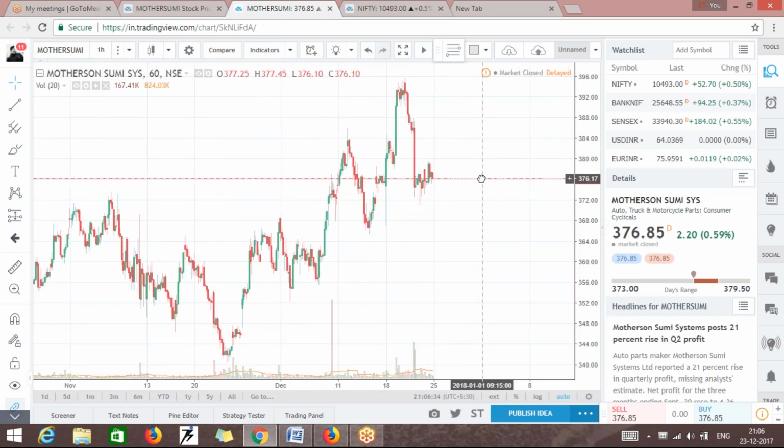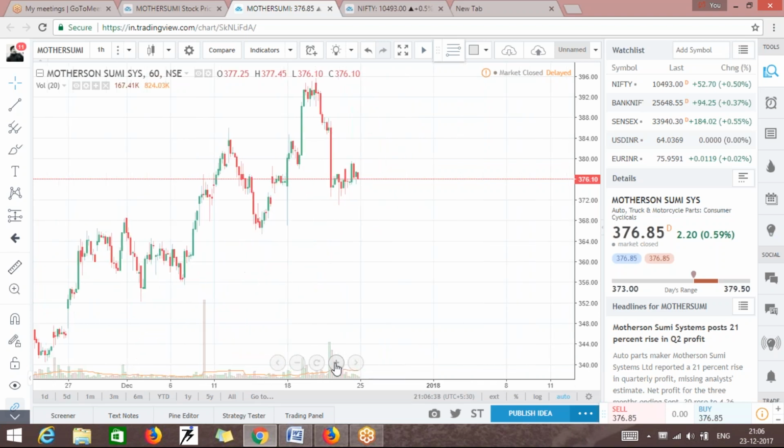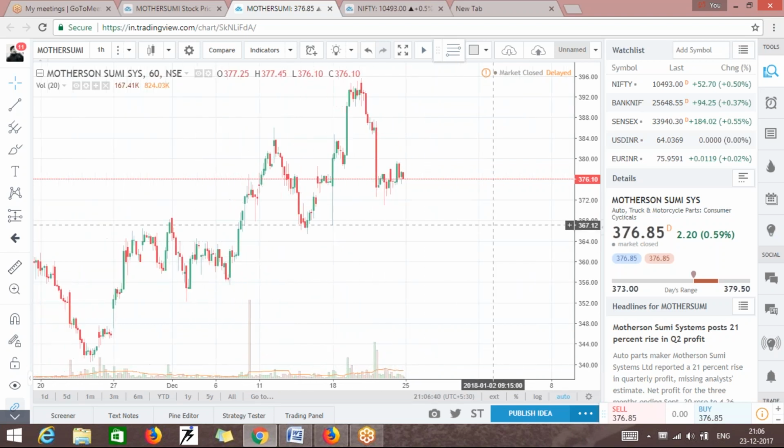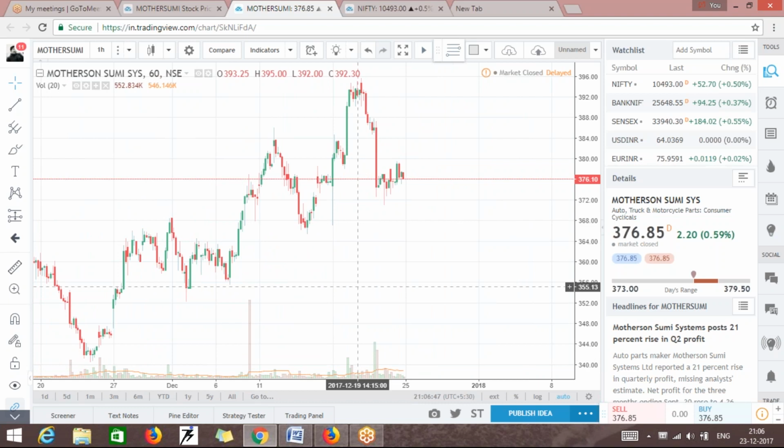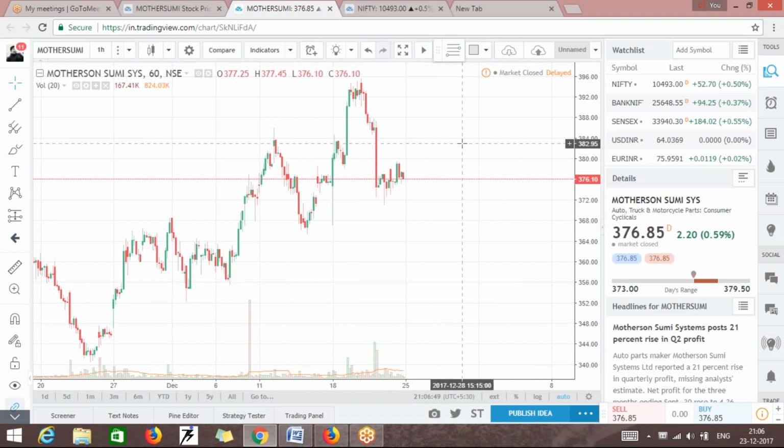We will take the latest one so that we could see whether it was giving a trading signal or not. Now we know how to draw this. We will directly look into this chart and see.